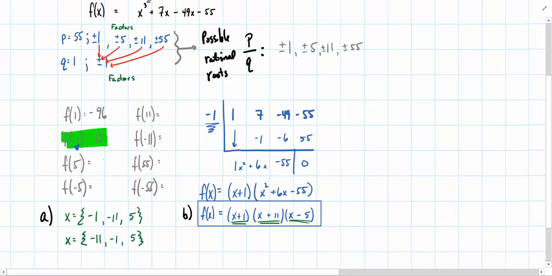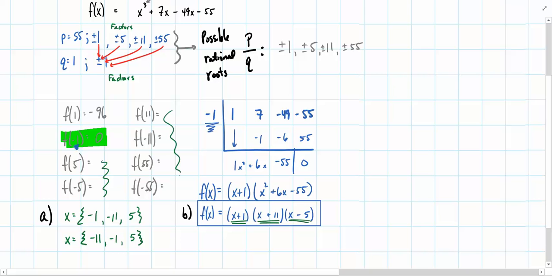And once we found one root, we didn't bother checking any of the others, because we then used synthetic division to reduce this from a cubic equation down to a quadratic equation. And with the quadratic, I should say polynomial, it was easy to factor at that point. And each of these three factors produced 3 real zeros.